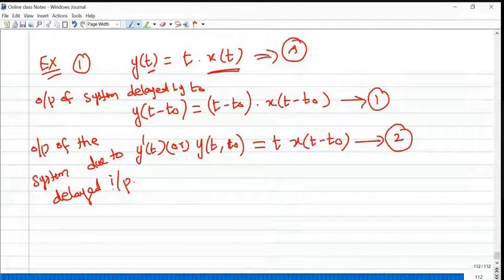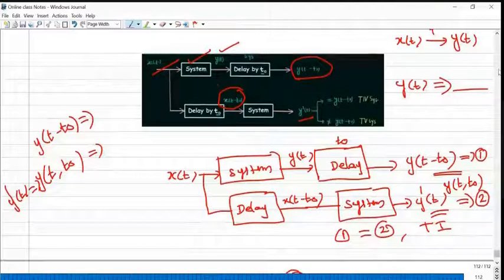Do you understand the concept now with respect to this diagram? I'm assuming my y of t is delayed by t naught amount of time, equation 1. Second expression: assume your input is delayed by t naught amount of time and then apply to the system. Now the output, let's say y dash of t or y of t comma t naught.